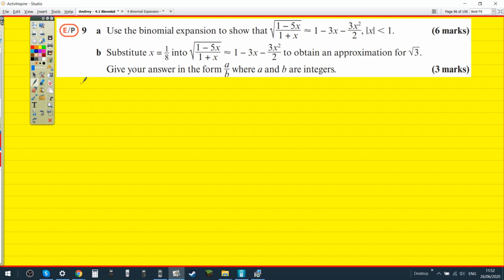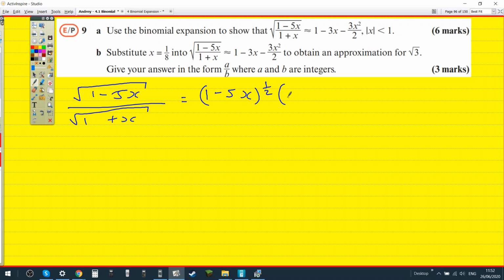Would you know how to do that? What I would have done is, this is the same as 1 minus 5x, square root of that over square root of 1 plus x. And so that is the same as 1 minus 5x to the half times 1 plus x to the minus a half, because it was on the bottom. Yeah. Is that easier? That is easier. Okay. I'm just not familiar with the other way. Maybe the other way is perfectly valid.